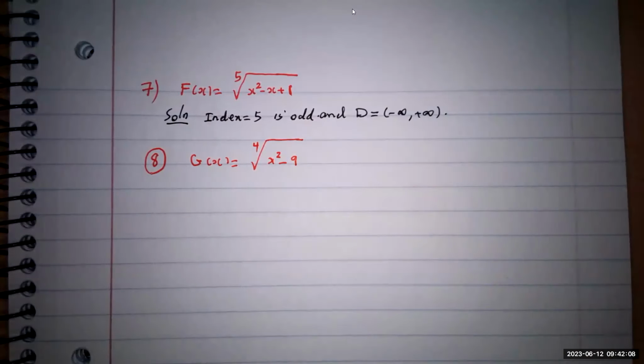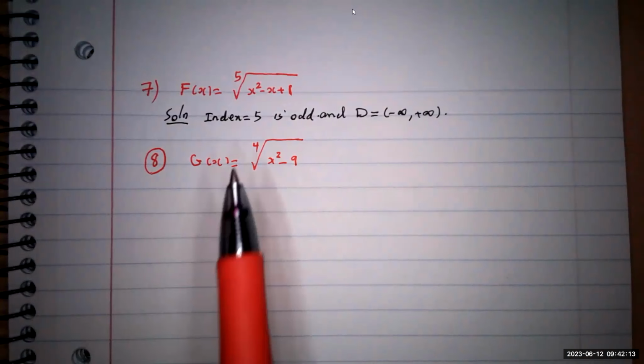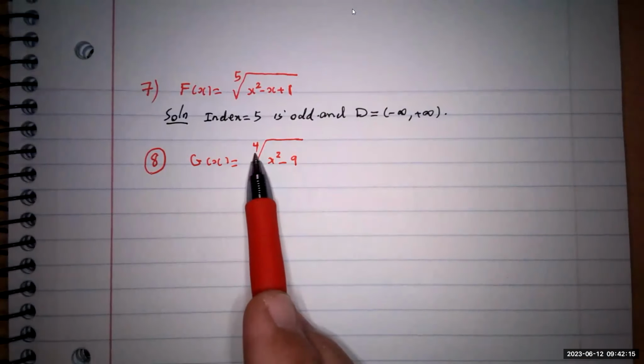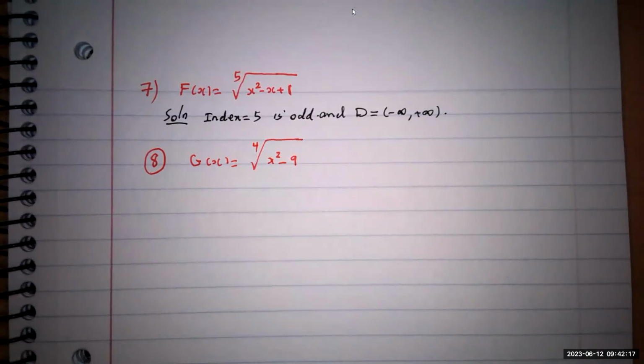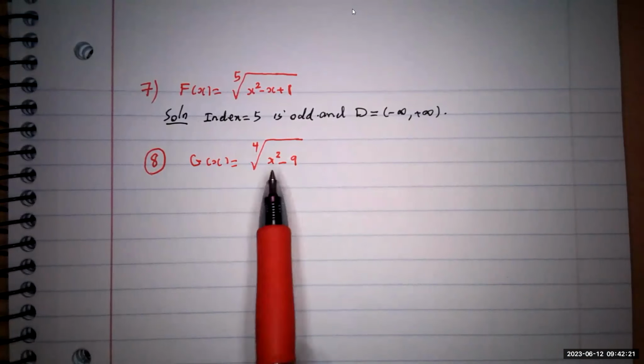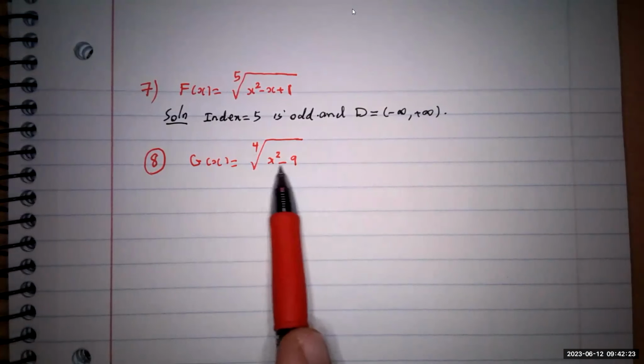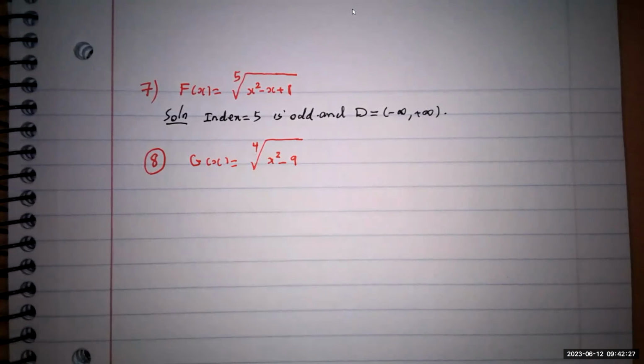We want to find the domain of this function. Look at the index, 4. 4 is even. When it's even, this means you make sure that this is not going to be negative, because the fourth root of a negative number is not defined. Remember, no complex numbers.